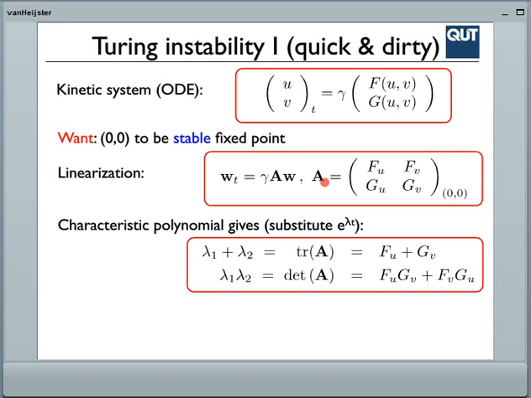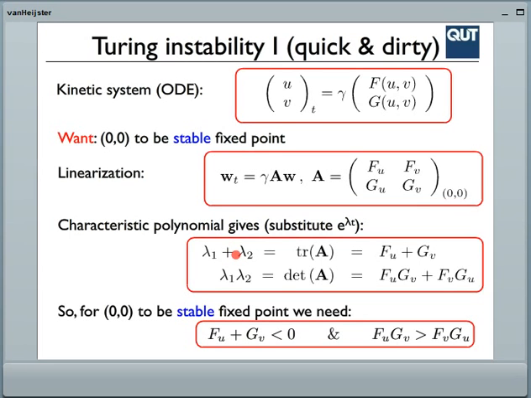So this more or less comes down to substituting in e to the power lambda t. And if the eigenvalues are negative, they're stable, if they're positive, we know that we are unstable. And then we recall from algebra that the trace of the Jacobian is equal to the sum of the eigenvalues, and the determinant of the Jacobian is equal to the product of the eigenvalues. So if we want 0, 0 to be a stable fixed point, the sum of the eigenvalues needs to be negative, and the product of the eigenvalues needs to be positive.